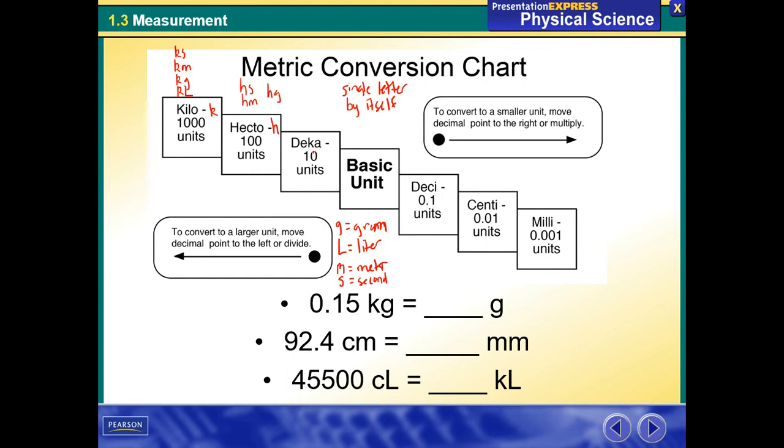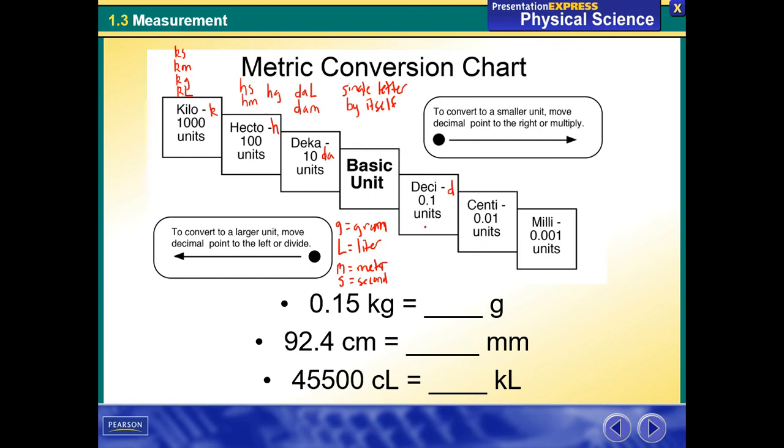If we look at deca, it is abbreviated da. So this one might be decaliter, maybe decameter. Deci is abbreviated with a d.